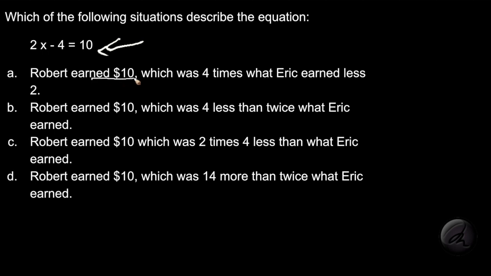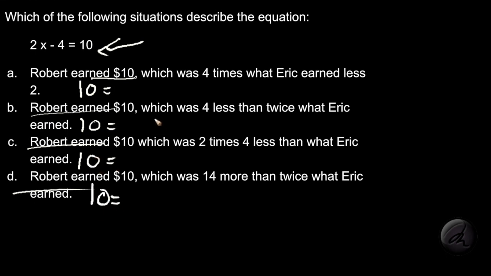So Robert earned $10. So this is going to be 10 equals, and now we don't care what Robert earned. That's our equal sign, which was, okay, 4 times what Eric earned.